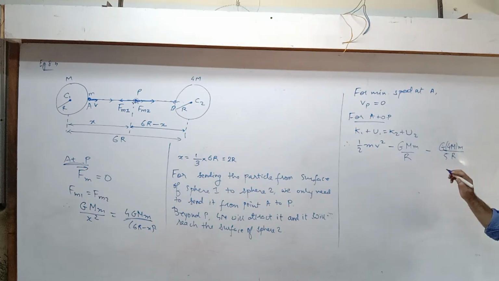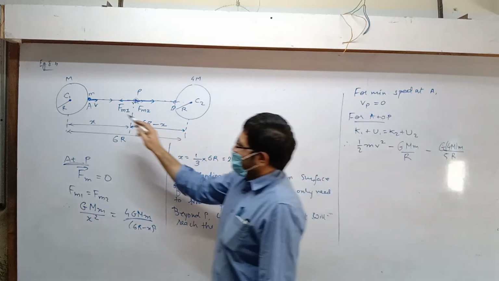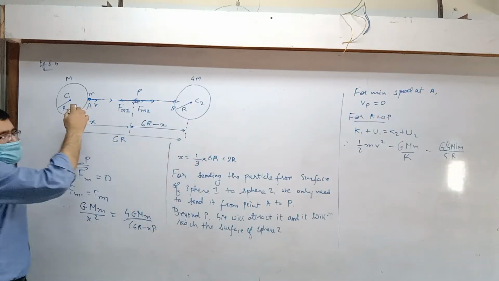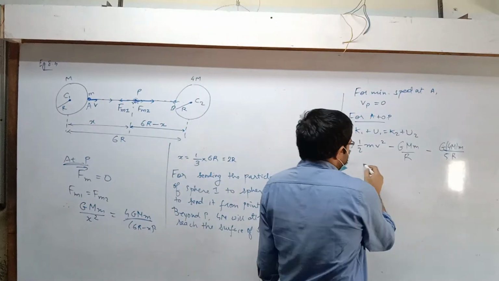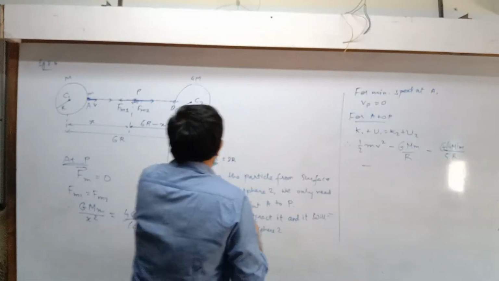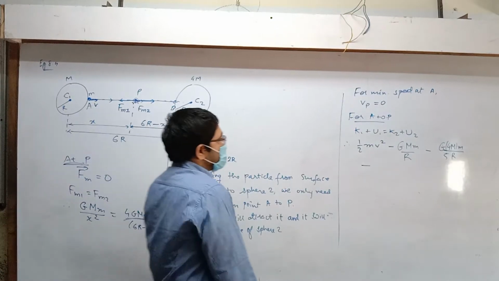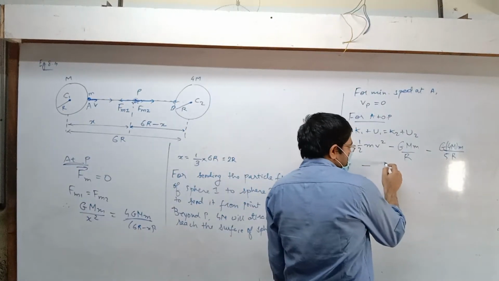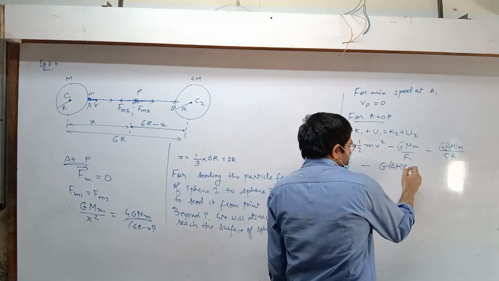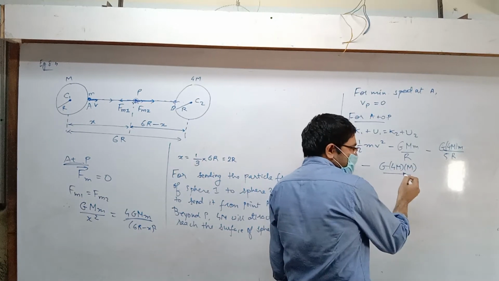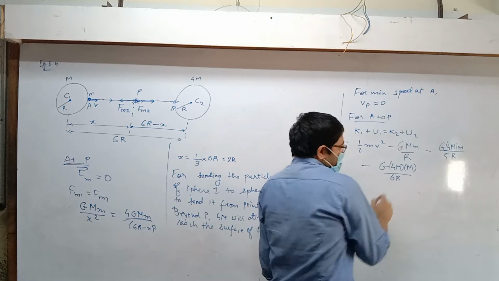Clear or not clear? R from the left side and 5R from the right, total is 6R. Okay, the third term, which is the fixed term: minus G 4M M upon 6R.